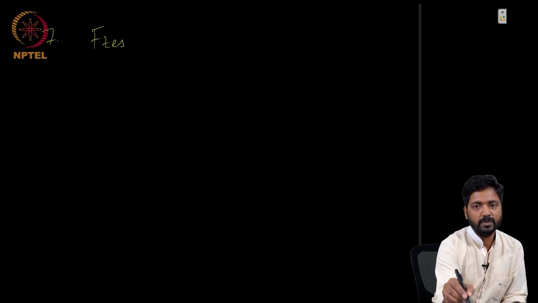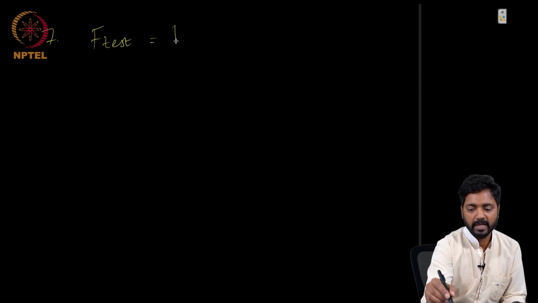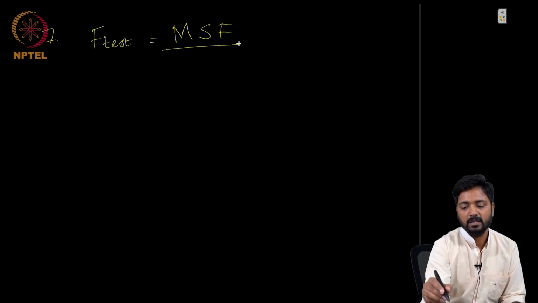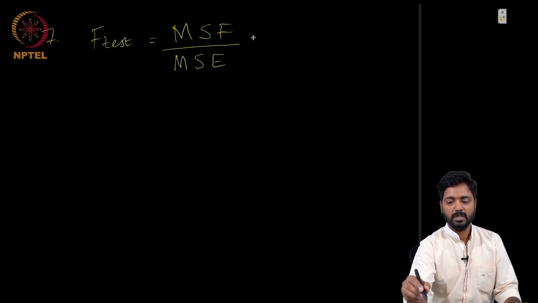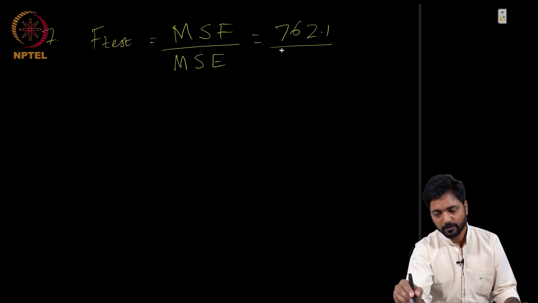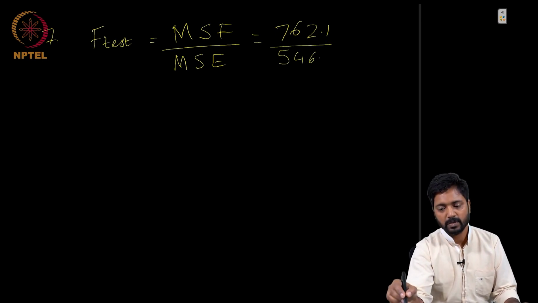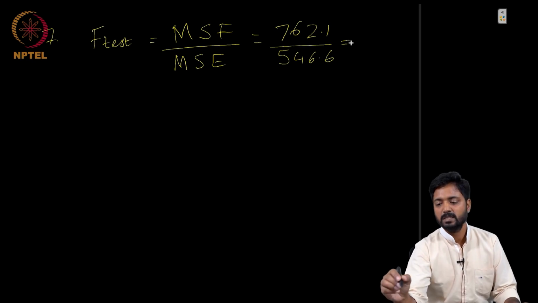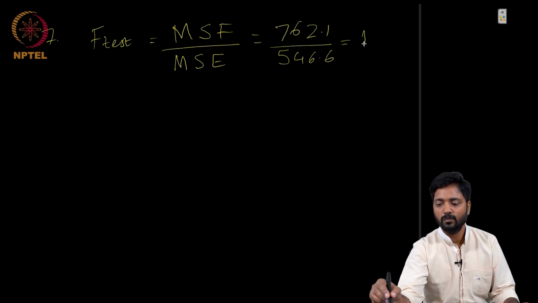So, in the seventh step we will have the f test value, which is given as the mean square factor divided by the mean square error, which is nothing but 762.1 divided by 546.6, and this turns out to be 1.39.